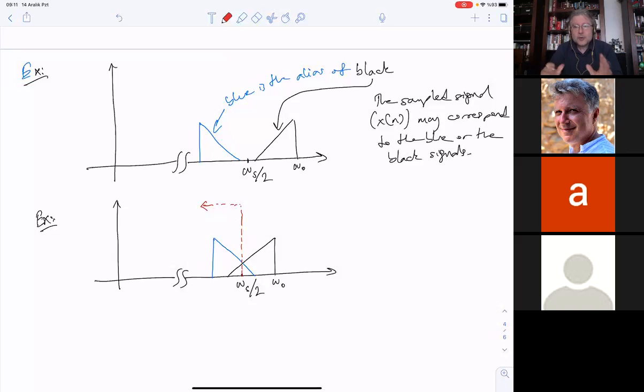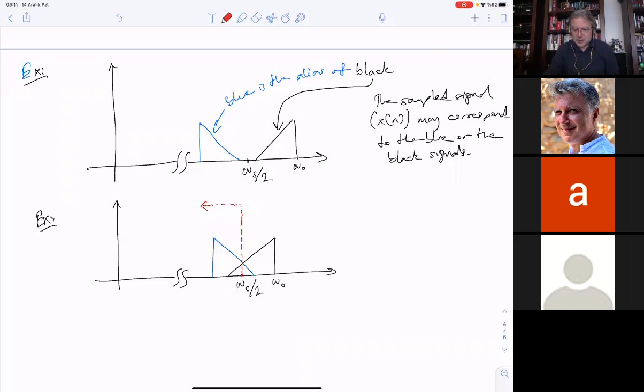In short, you have to use either an anti-aliasing filter, which completely eliminates everything above omega s over 2 before sampling with omega s, or you must choose omega s greater than twice omega 0, the maximum frequency that you may encounter in the signal. These are the conditions that you must have.